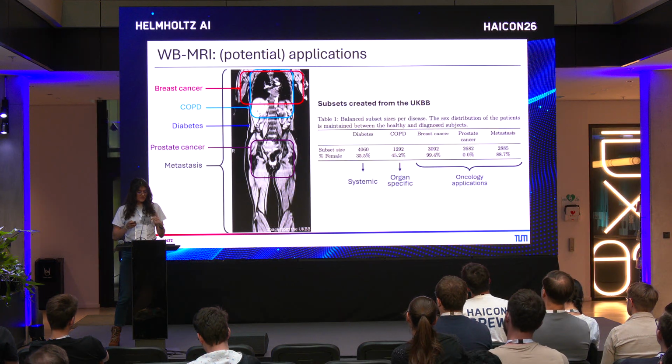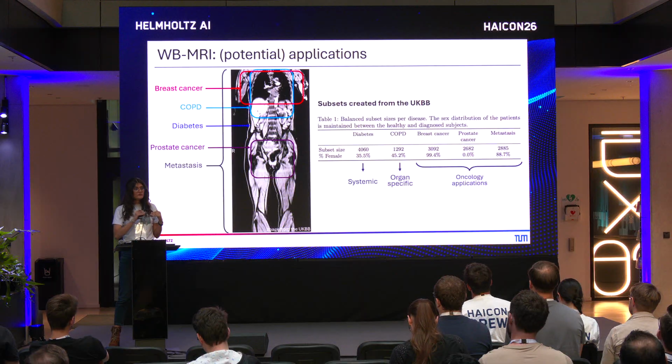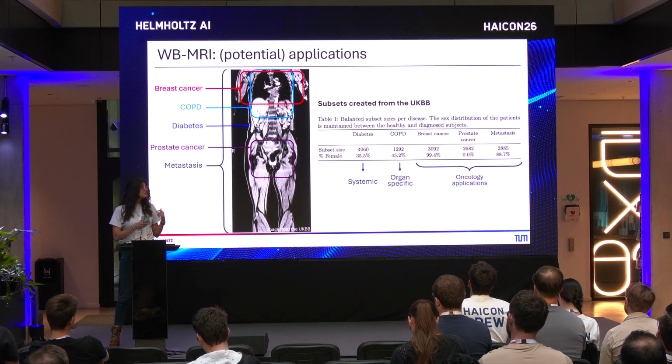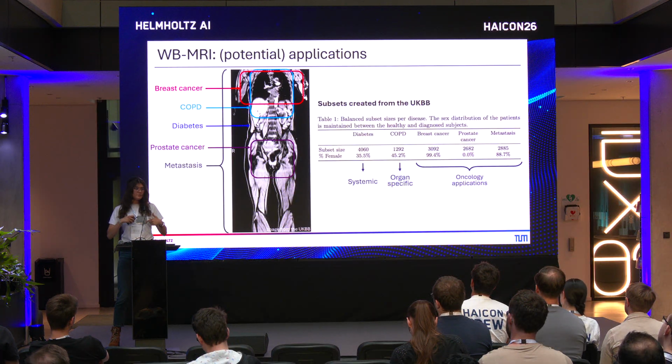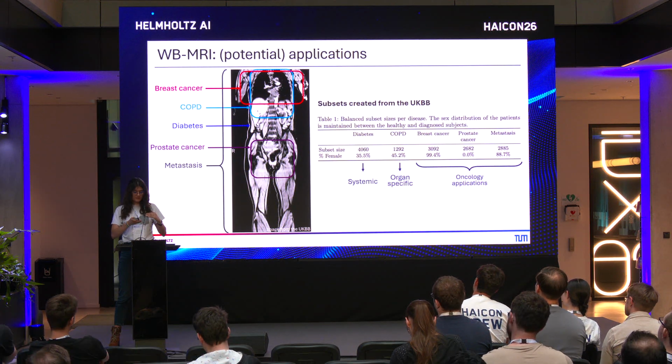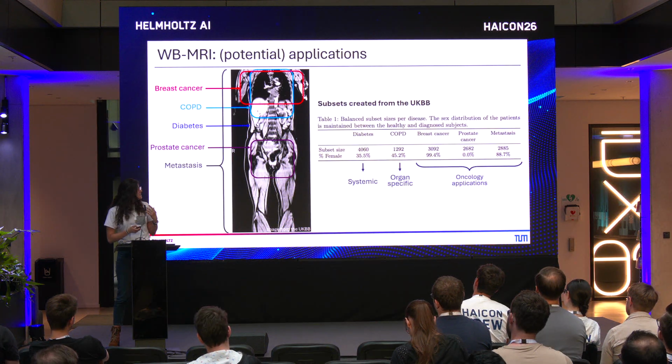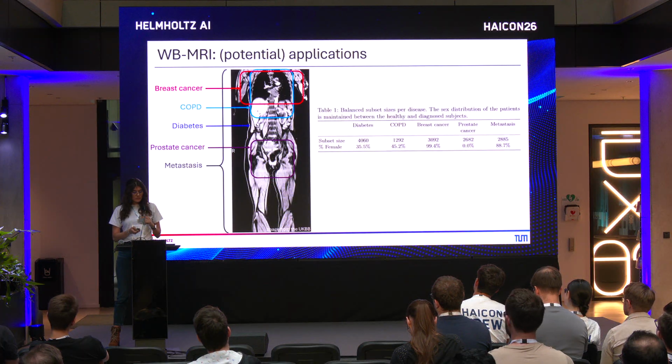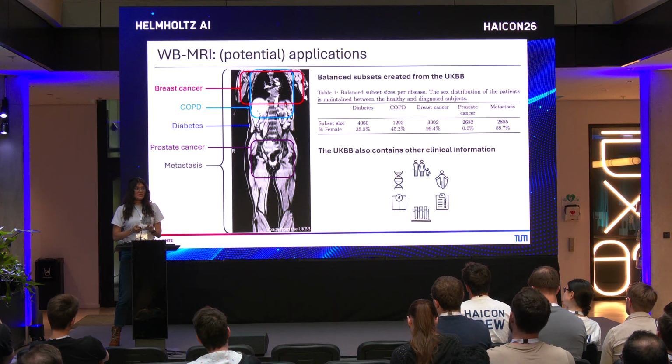So from the training set, we also extracted balanced subsets, where we selected all of the patients that had positive diagnosis for each of these diseases, and then we randomly also sampled healthy patients, making sure to preserve the sex ratio, the sex distribution.